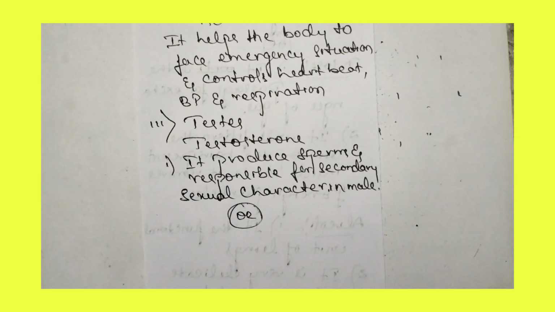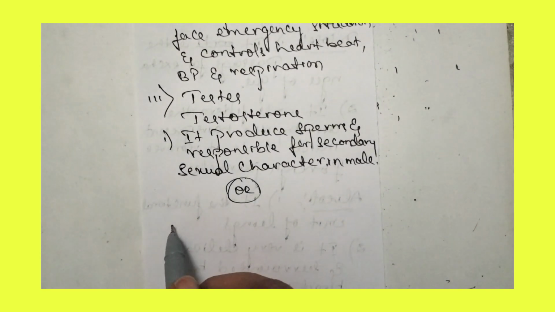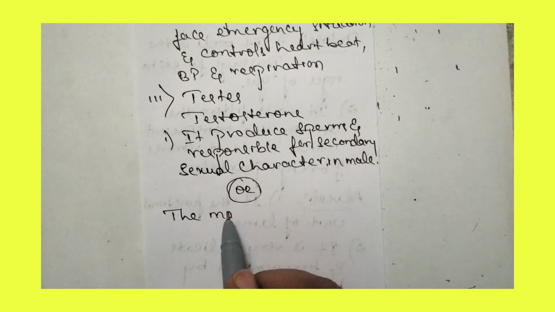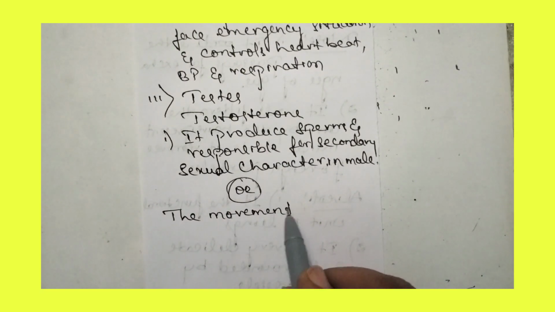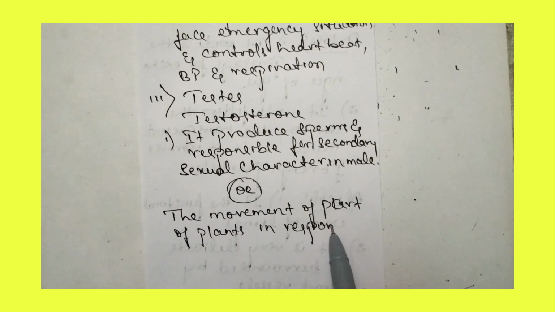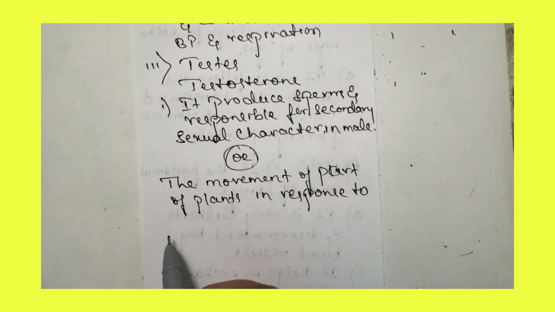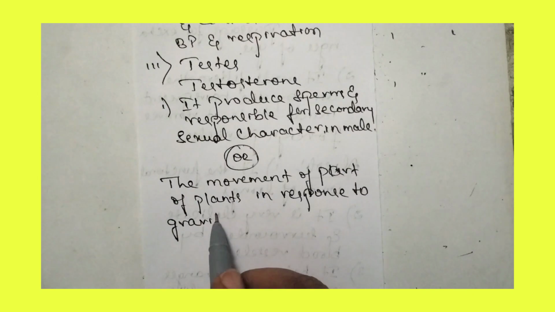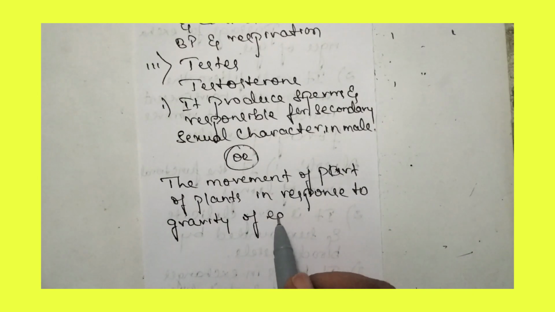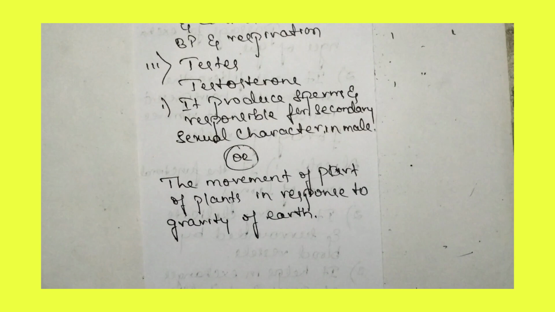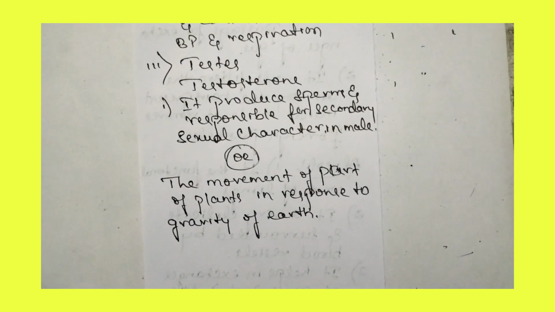Next question is, what is geotropism? Let us see what geotropism is. The movement of a part of a plant in response to the gravity of earth is called geotropism.